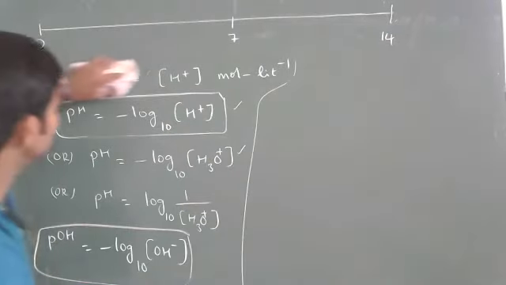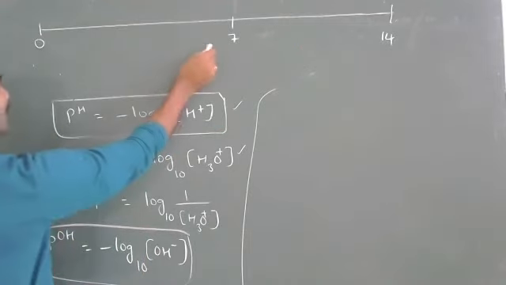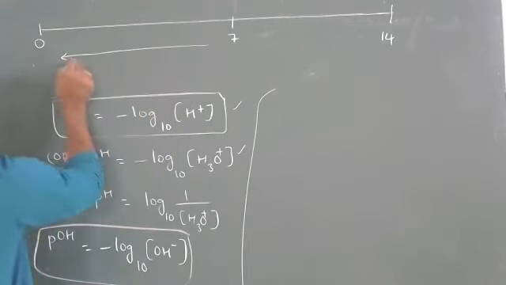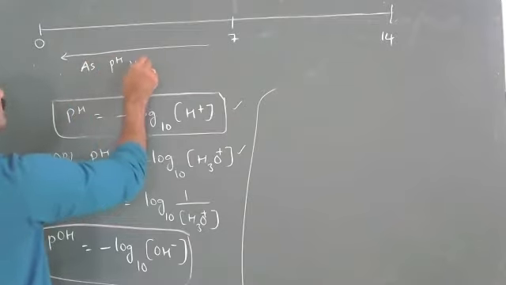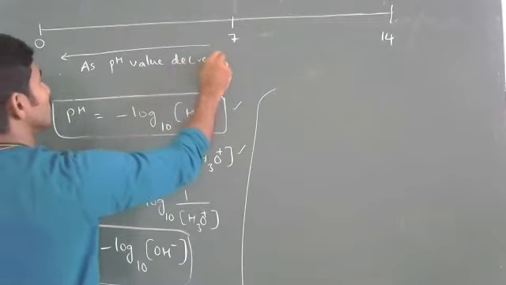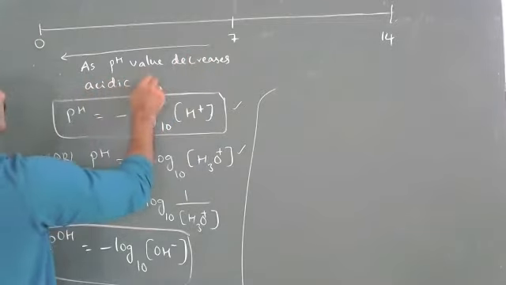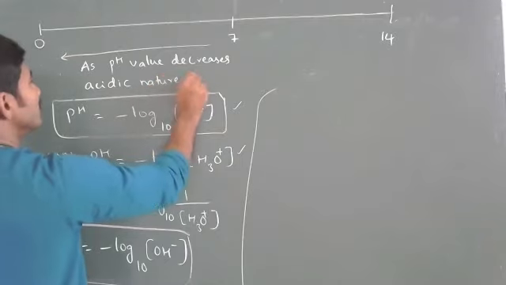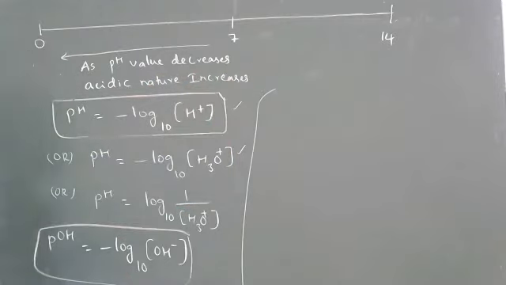So here, when the pH value decreases from 7 to 0, as the pH value decreases, acidic nature increases. Acidic nature increases.